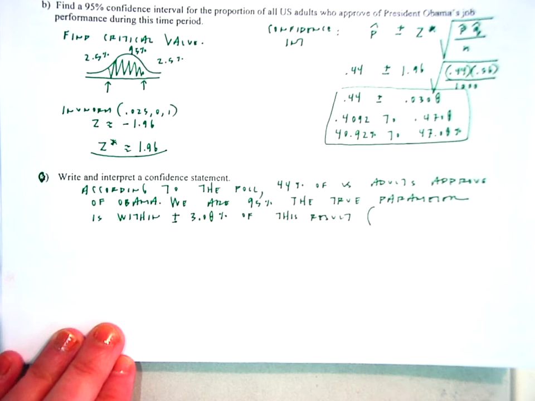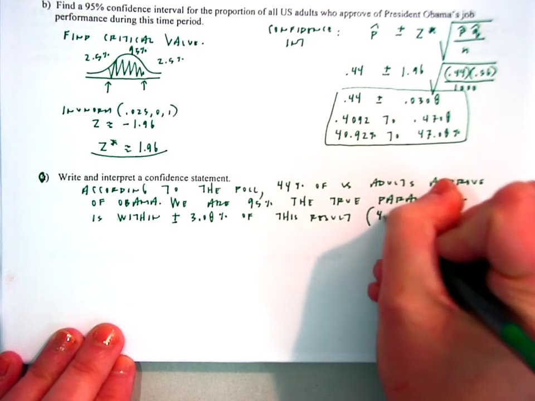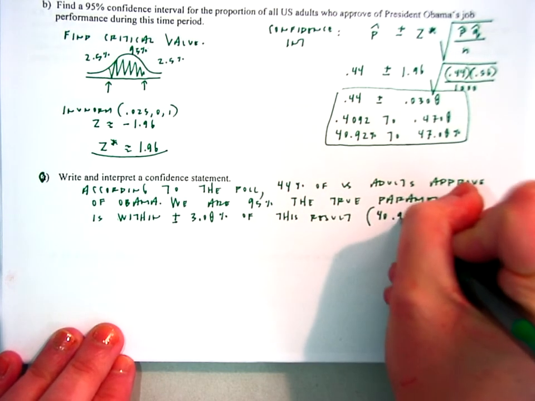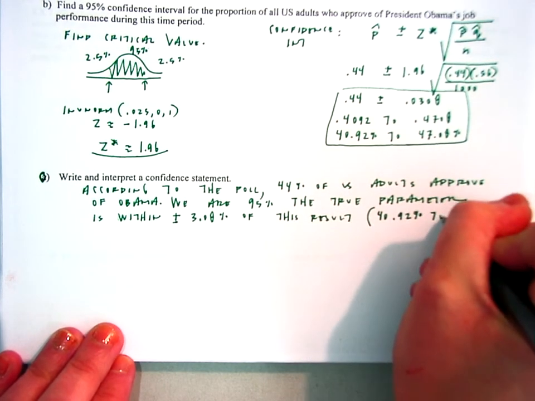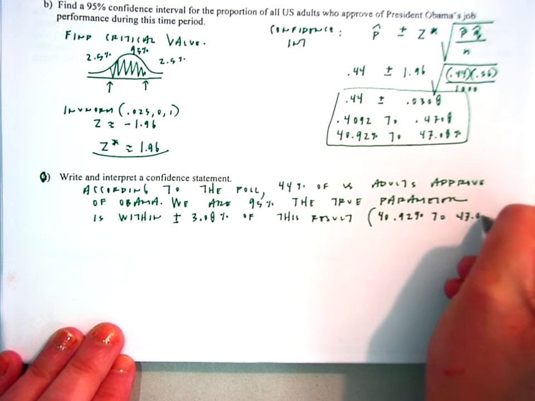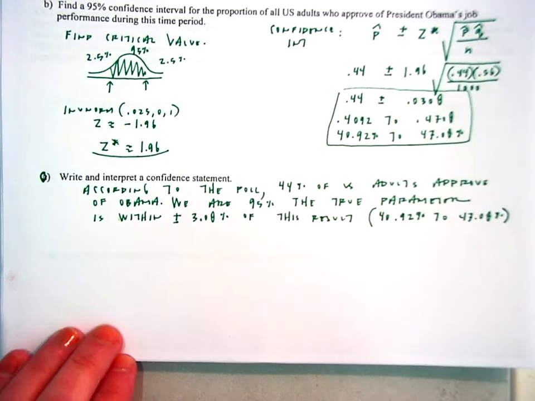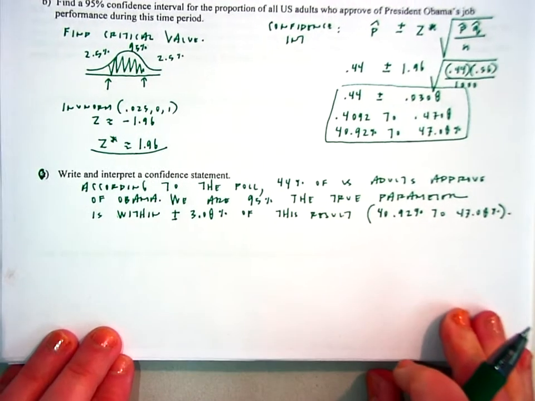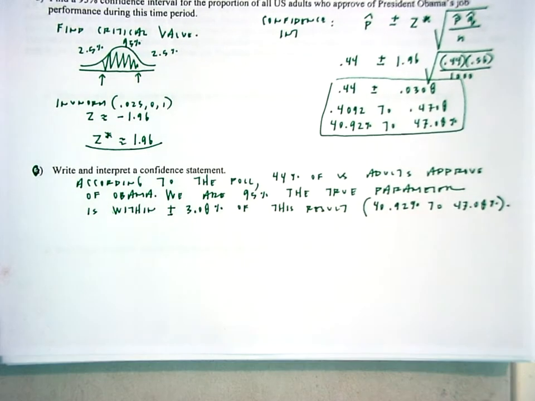I could also build that window and say that it's between 40.92% to 47.08%. So we're trying to essentially predict his approval rating at this period in time.